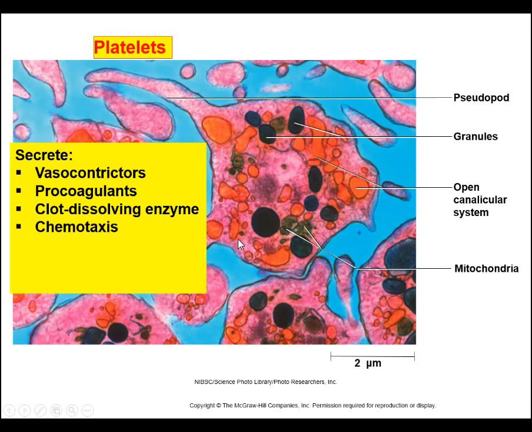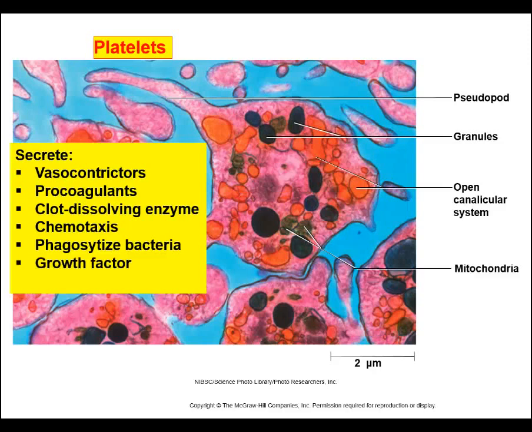Chemotaxis, meaning that these platelets will chemically communicate with each other and with other cells. Now, we don't put platelets out on the front line of our immunity, saying that they protect us through being major phagocytes in our system or anything, but they are capable of consuming bacteria.